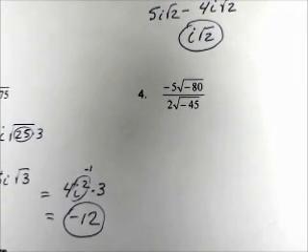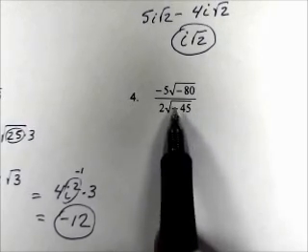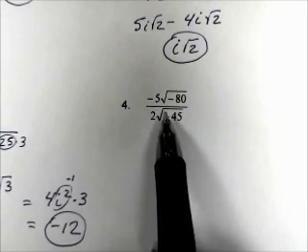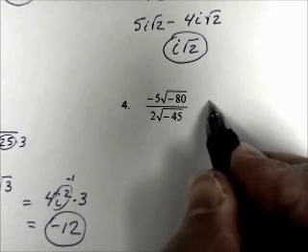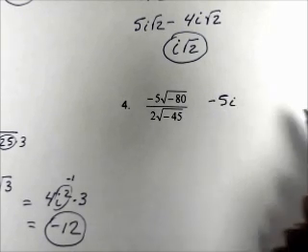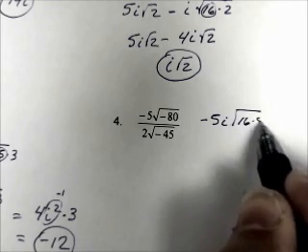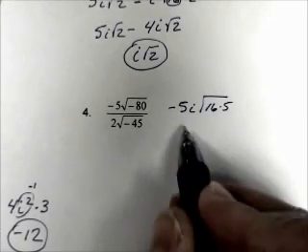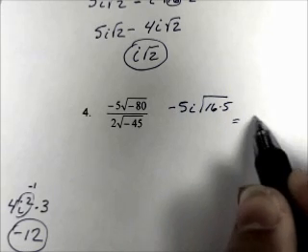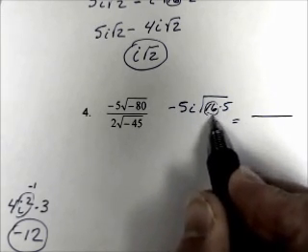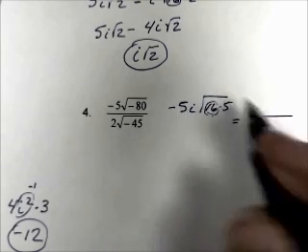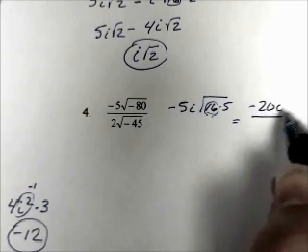And number 4, we have some division here. Again, expressed in terms of i first. So we have negative 5i, the square root of 80, that's 16 times 5 is 80. Square root of 16 is 4, 4 times 5 is 20, so negative 20i square root of 5.